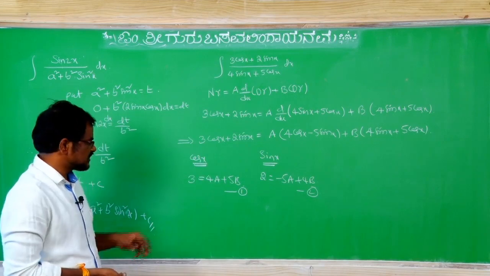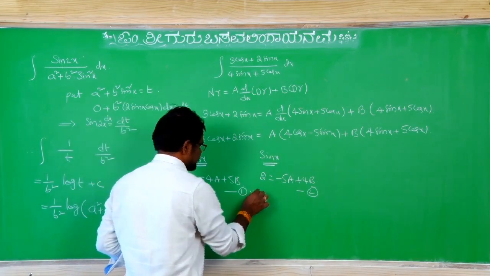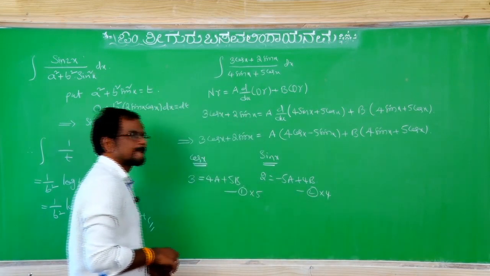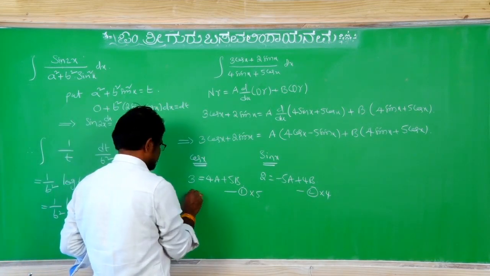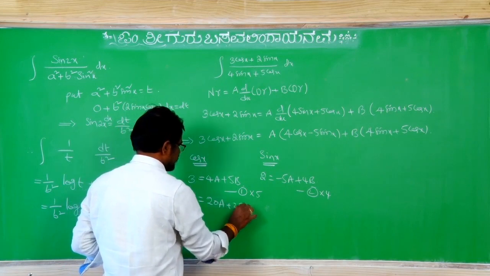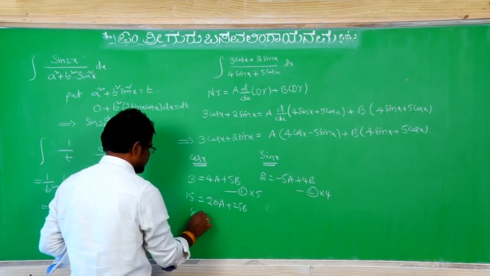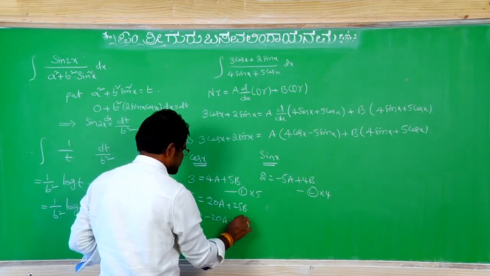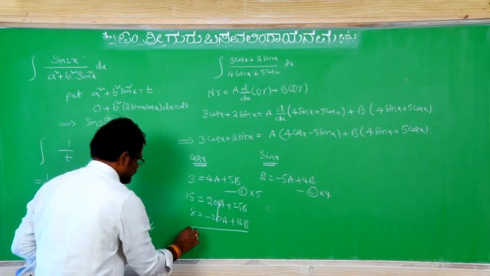To cancel one term, multiply this one with 5 and this one with 4. So 15 equal to 20a plus 25b, and multiplying with 4, 8 equal to minus 20a plus 16b. Cancel.